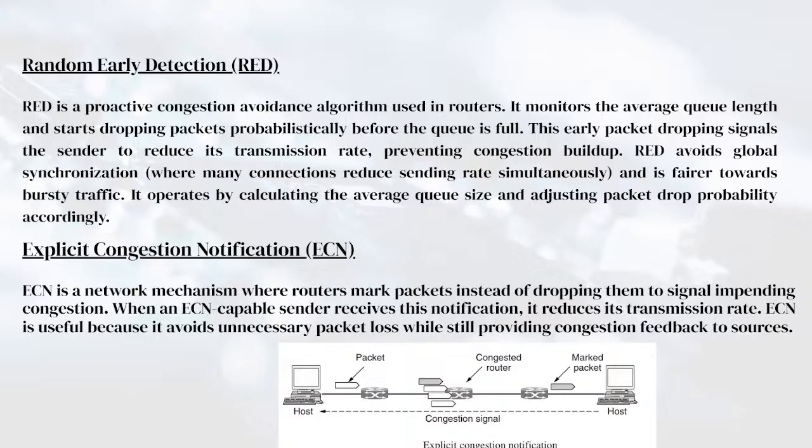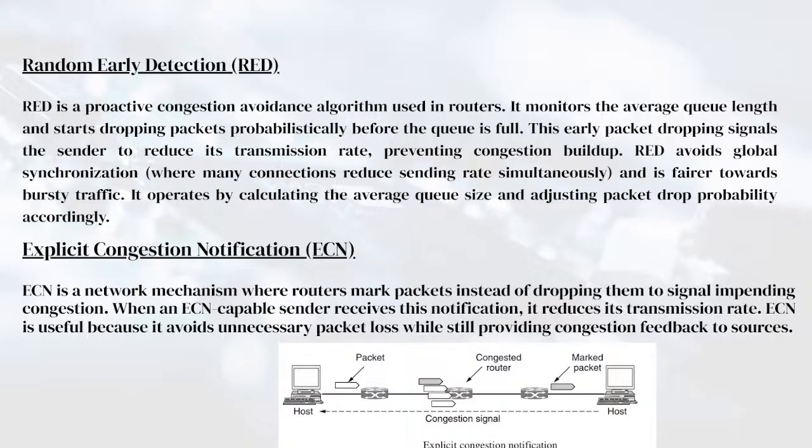This early packet dropping signals the sender to reduce its transmission rate, preventing congestion buildup. Okay, and random early detection avoids global synchronization, where many connections reduce sending rates simultaneously. It operates by calculating the average queue size and adjusting packet drop probability accordingly.